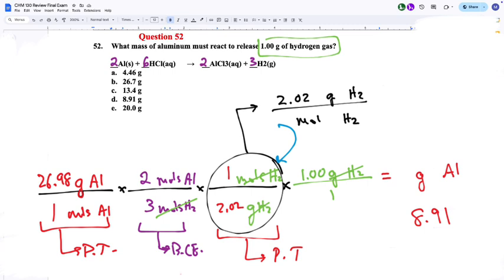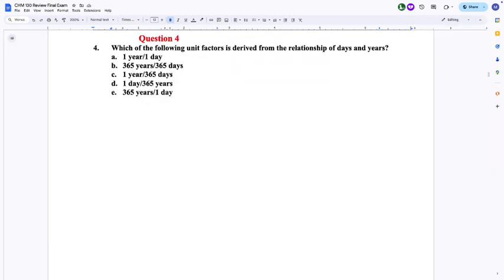Other questions? This one relies on common knowledge, which I think is sometimes a sketchy thing to rely on for a test, but that's what we're doing. What is the relationship between days and years?